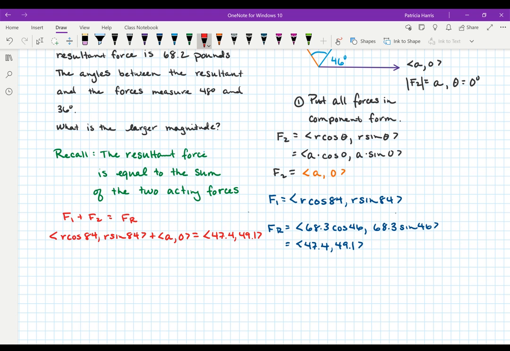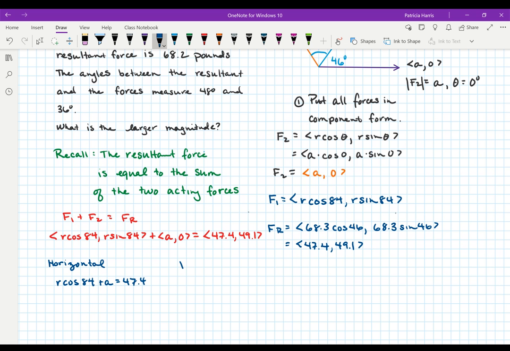Okay, so now if you remember adding vectors, you add horizontal components and then you add vertical components. So we're going to add our horizontal. We get R cosine 84 plus A equals 47.4.